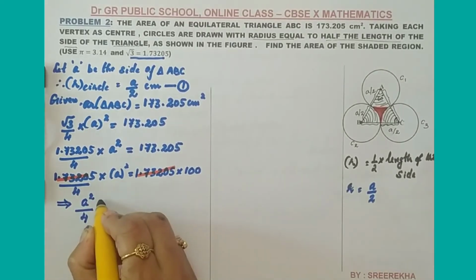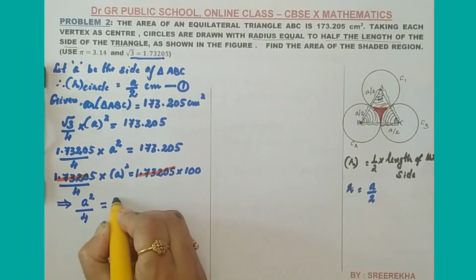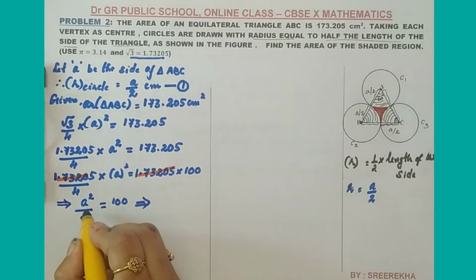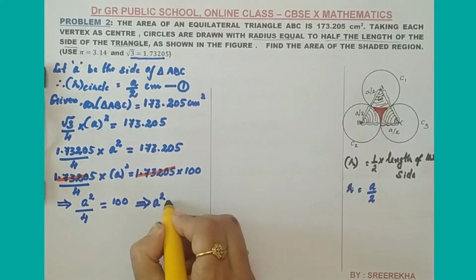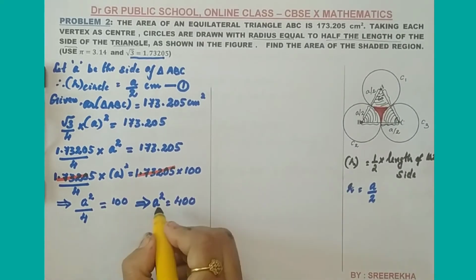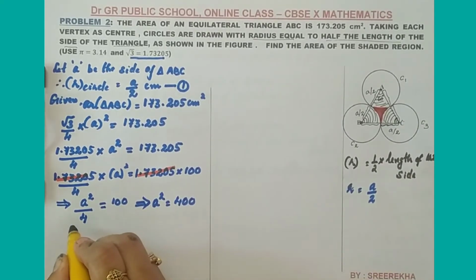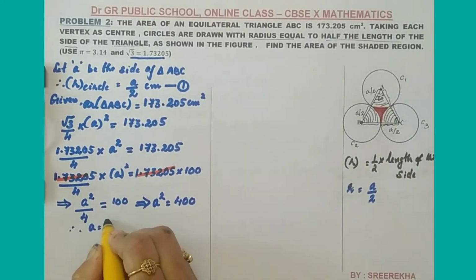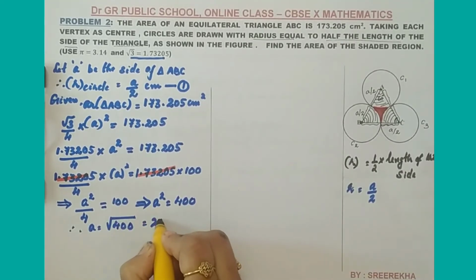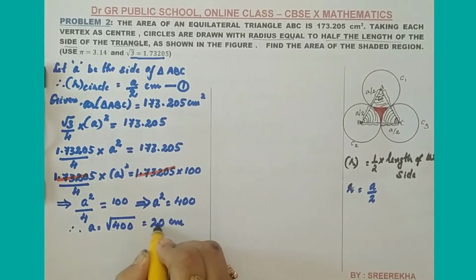A square by 4 equals, on the right side only 100 remains, which implies cross multiplication. A square equals 4 into 100, that is 400. If a square equals 400, therefore a equals the square root of 400. You know, root of 400 is 20, that is 20 centimeter.